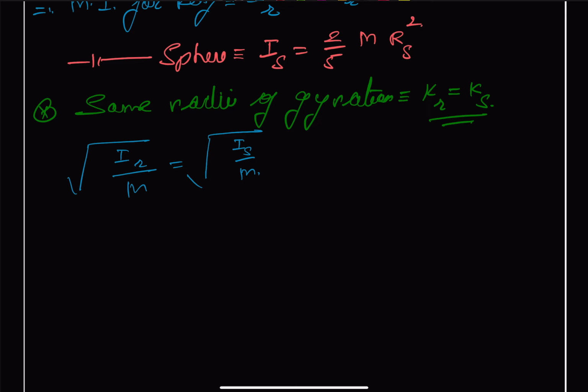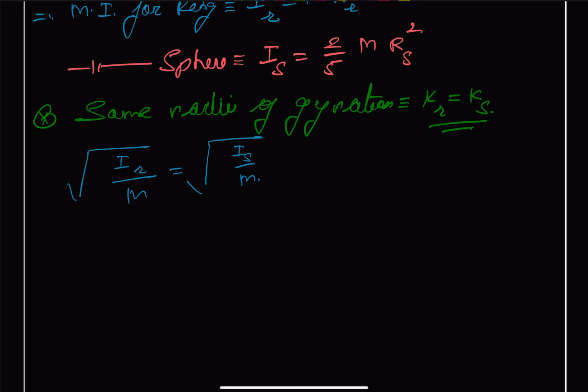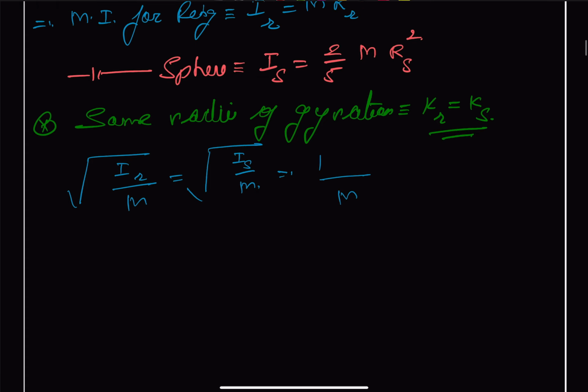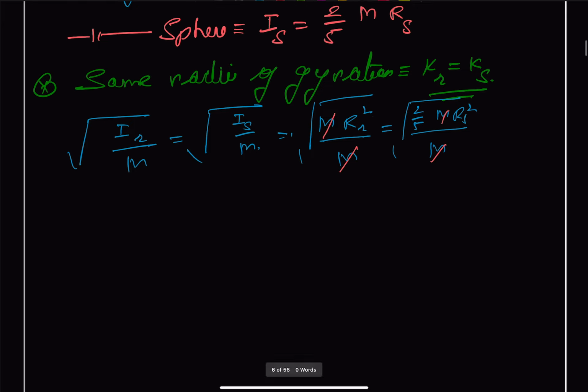And we substitute. This gives us, for ring is our m R_R whole square root is equal to, this is our 2 by 5 m R_S whole square and its square root. So this cancels out and square root also goes away.